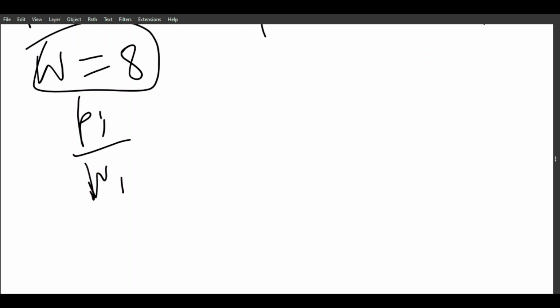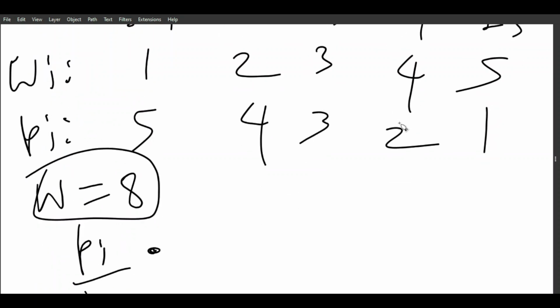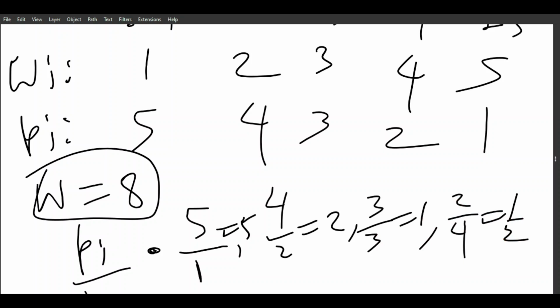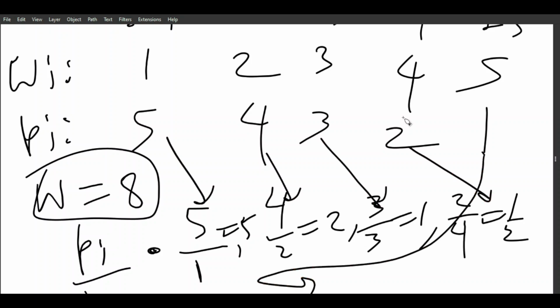The first item is most valuable, having value 5 by 1, which is 5. The second item is 4 by 2, which is 2. The third item is 1, the fourth item is 2 by 4, which is half, and the last item is only 1/5.